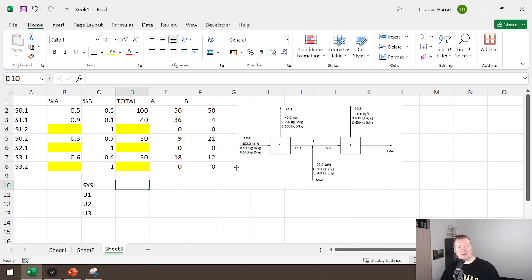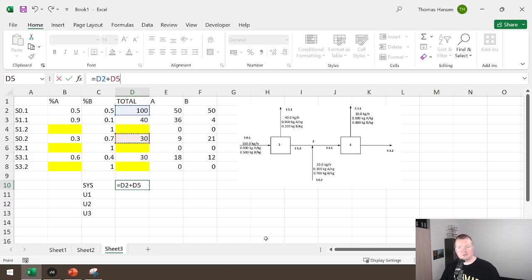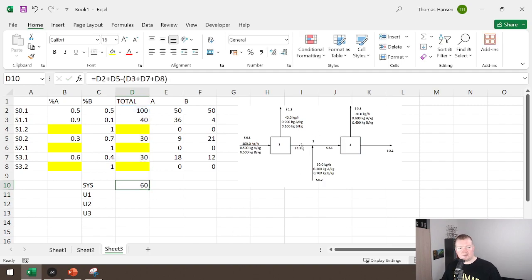So if I look at my entire system, the streams that go into my system would be 0-1 and 0-2, so equal to stream 0-1 plus stream 0-2. Those are the two that enter into my system. And then I want to subtract the ones that escape. That would be 1-1, 3-1, and 3-2. 1-1 plus 3-1 plus 3-2. There we go. The other streams, 1-2 and 2-1, they're invisible to me when I'm looking at the entire system.